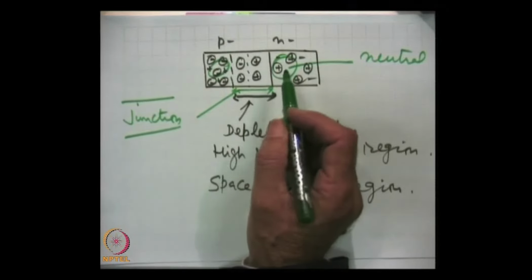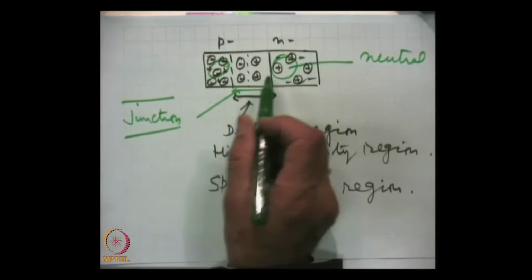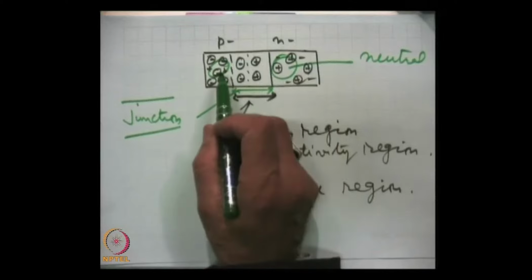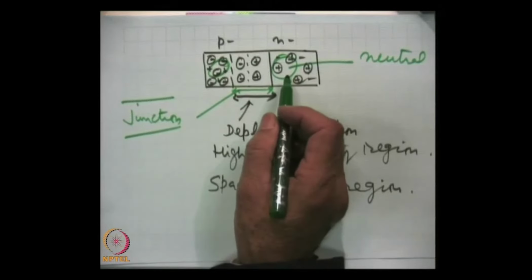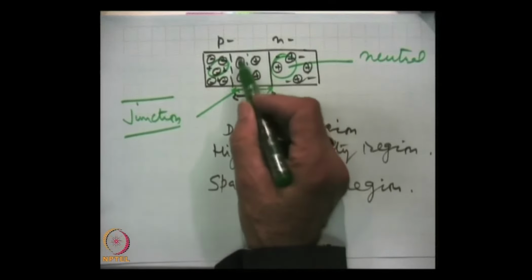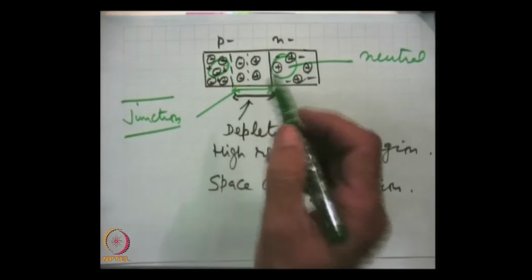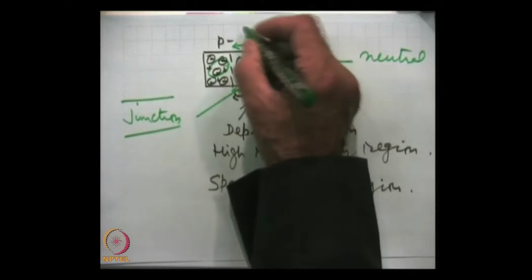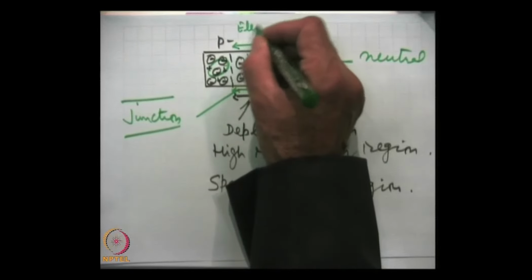There is another process coming out. The diffusion will constitute the diffusion current, but now this space charge will give rise to a field in this region with this polarity. This is the electric field.